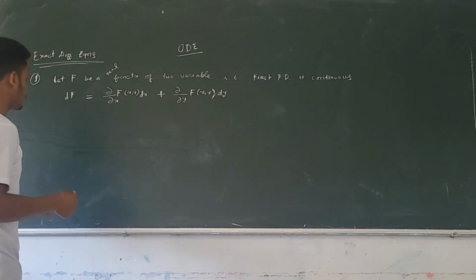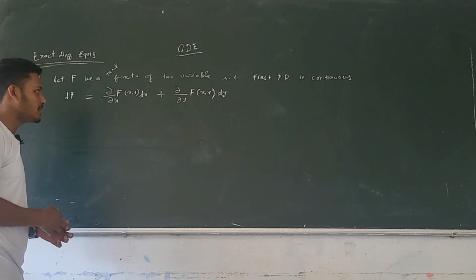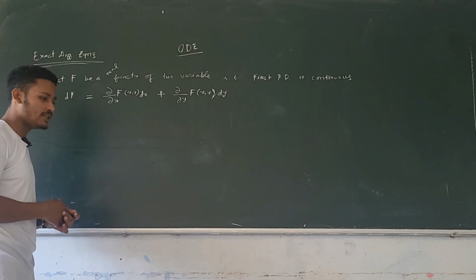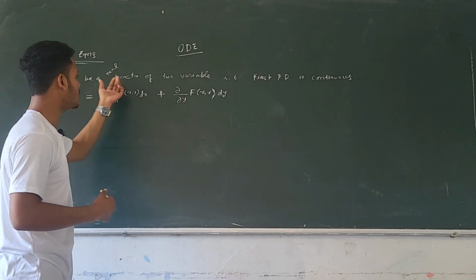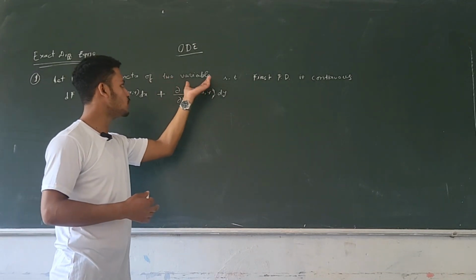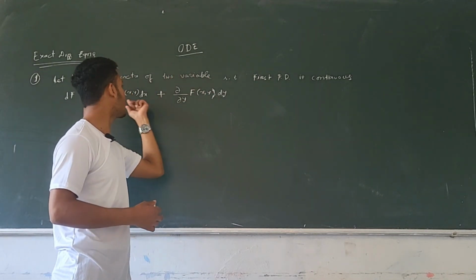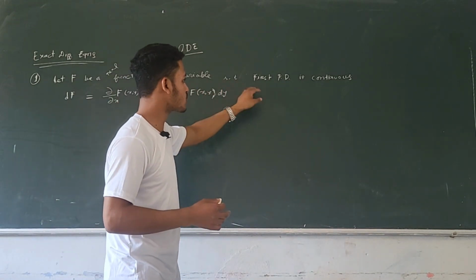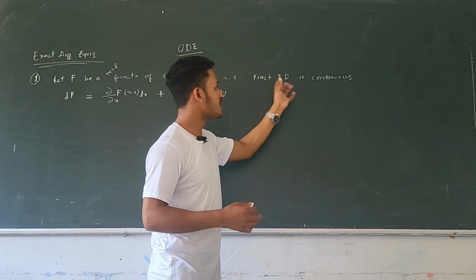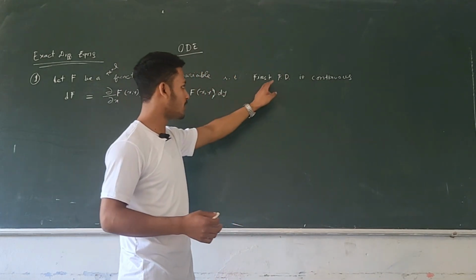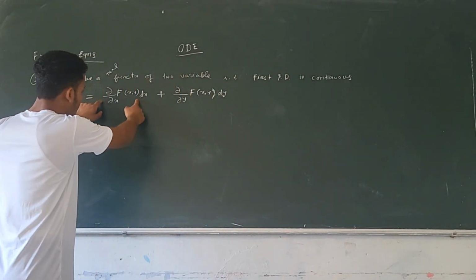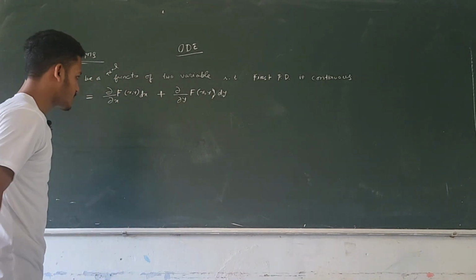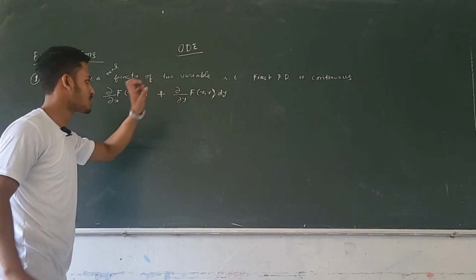If someone asks you what is total derivative, then you will say: first, the total derivative of what? Total derivative of a function. That function will be a real function of two real variables x and y, such that the function has continuous first partial derivatives. That means these two first partial derivatives should be continuous.